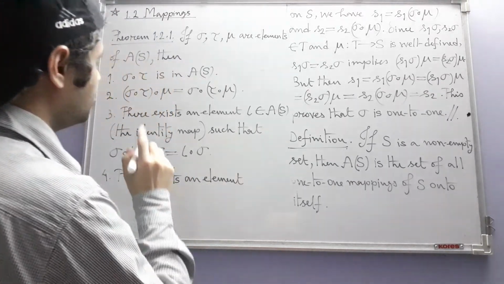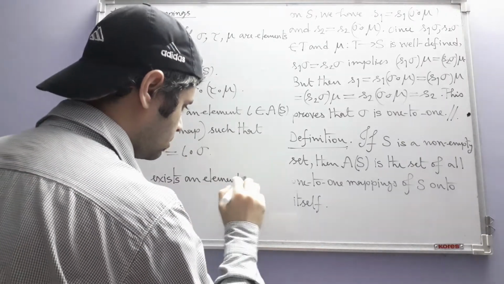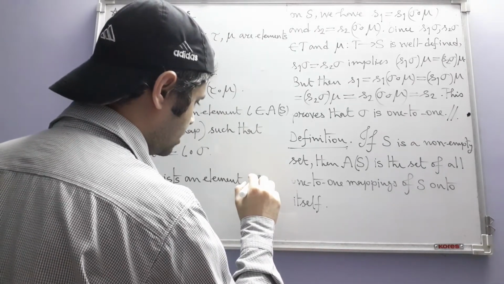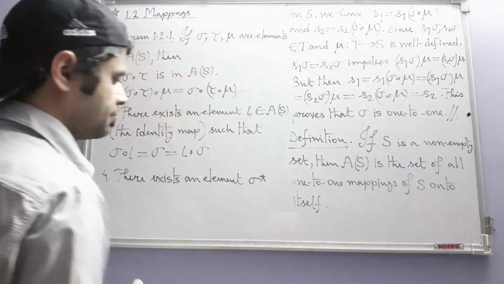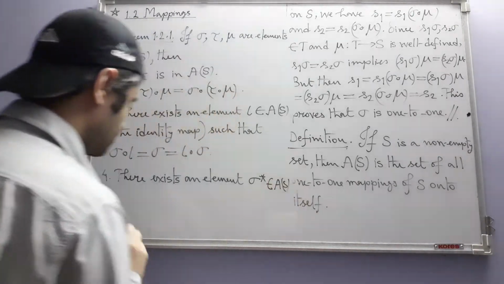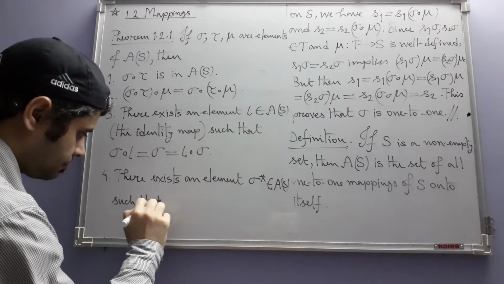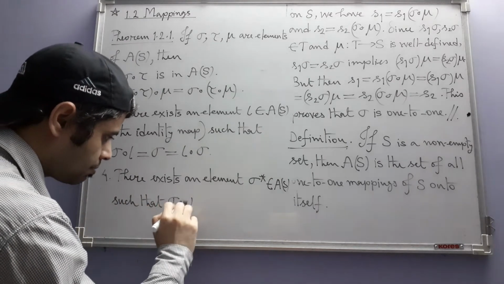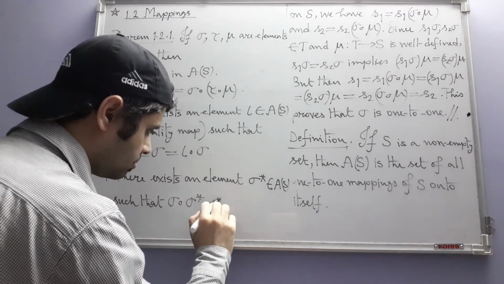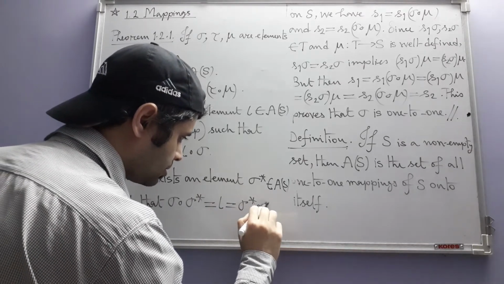An element mu we have already taken, so let me call it sigma star, in A of S such that sigma composition sigma star is equal to iota, which is equal to sigma star composition sigma.